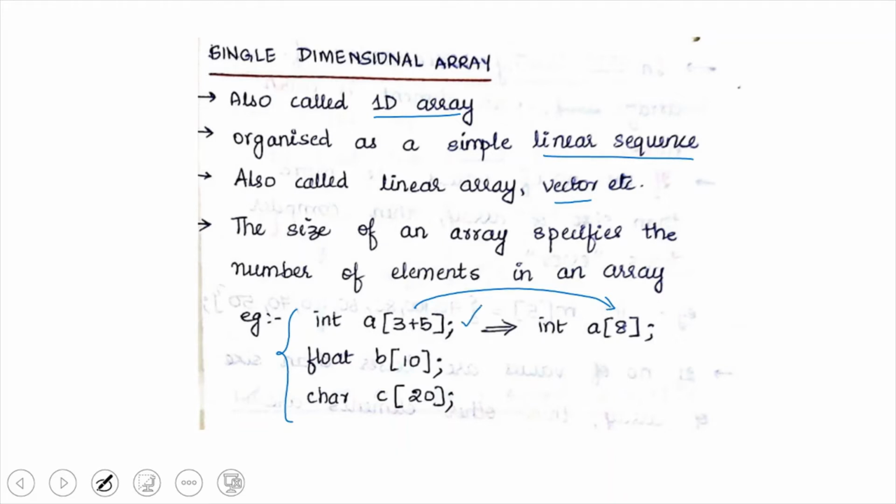Then float b of 10. This will have an array called b, which has got 10 elements and each will be of type float. This is an array called C with 20 elements and each element will be of type character. So each of the elements will store one character inside it.